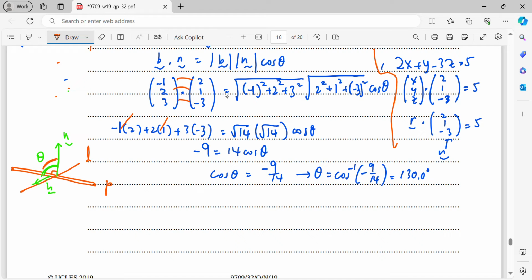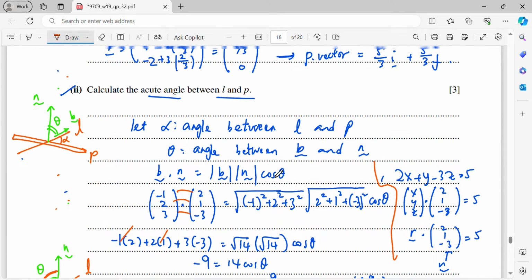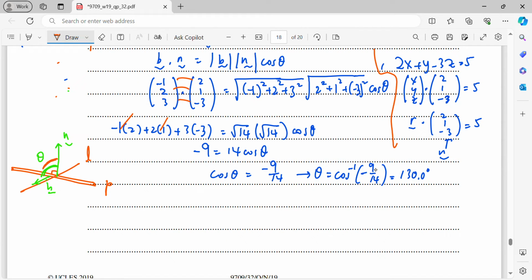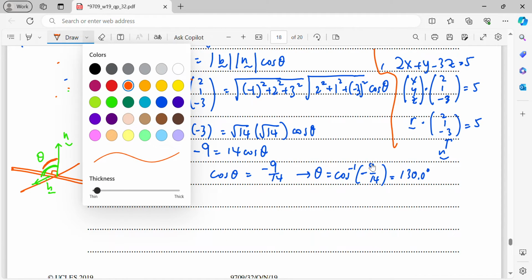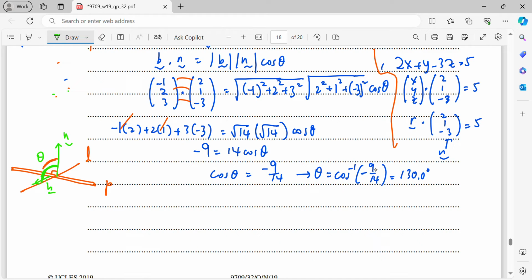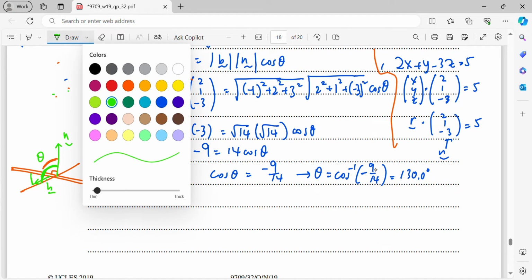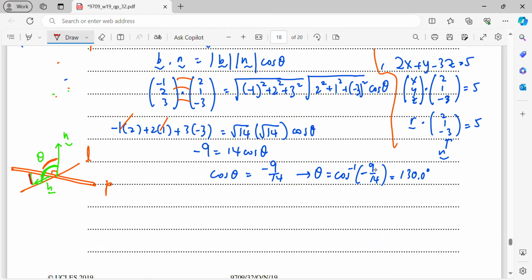Line and plane. Wait, let me check. It will be line and plane, B and N. B and N is here, theta. So line and plane, it will be, okay, line and plane is over here. So line and plane, alpha. Okay, and not this.